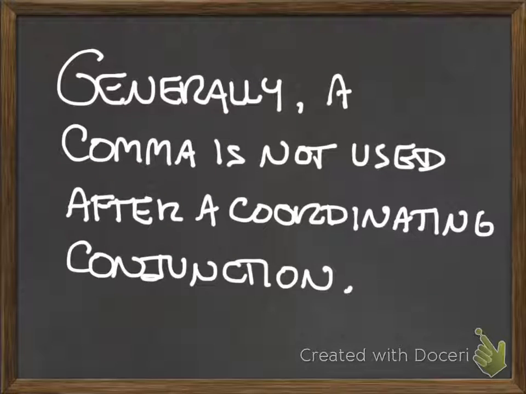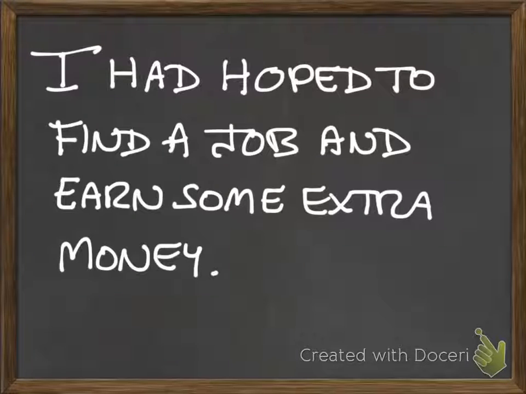Okay, now, another error that I see is, remember those coordinating conjunctions, and, but, for, whatever. Generally, a comma is not used after a coordinating conjunction. So, I had hoped to find a job and earn some extra money. Sometimes there are students who, for whatever reason, want to put a comma after the and or the but here.